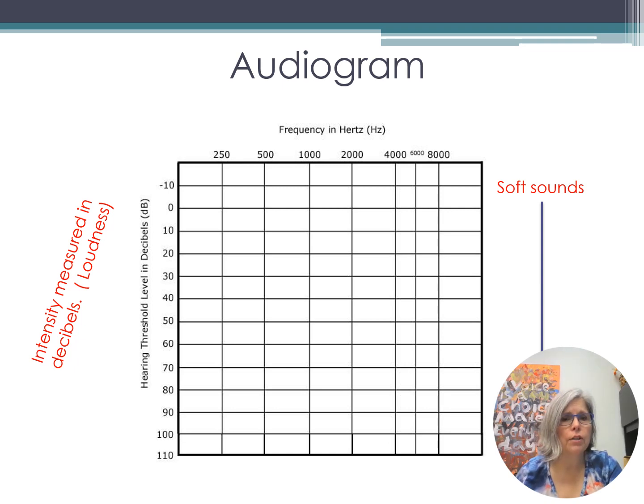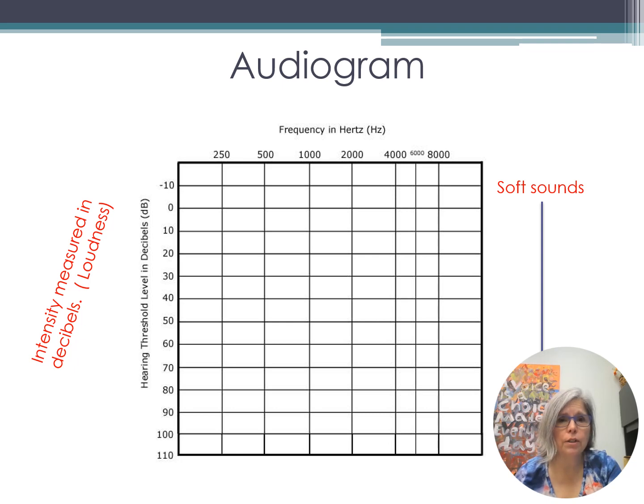On this particular image, I have highlighted that the intensity is measured in decibels from top to bottom. So the softest sounds are at the top and the loudest sounds are at the bottom. When you have an audiogram, if all of your thresholds are marked at the top, that's good. If it's above the 20 dB line, that's considered normal hearing. The lower your thresholds are on this diagram, the more hearing loss you are exhibiting.